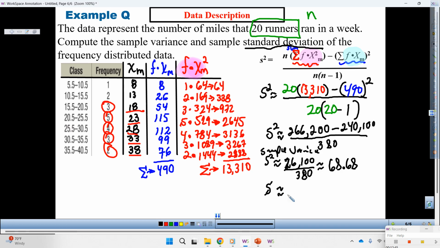All right, looks like Mitos got this. Standard deviation is 8.29. Hands up if you got that. And tell your neighbor how we got that number, please. At the end we do what? Square root of the variance to get our standard deviation.